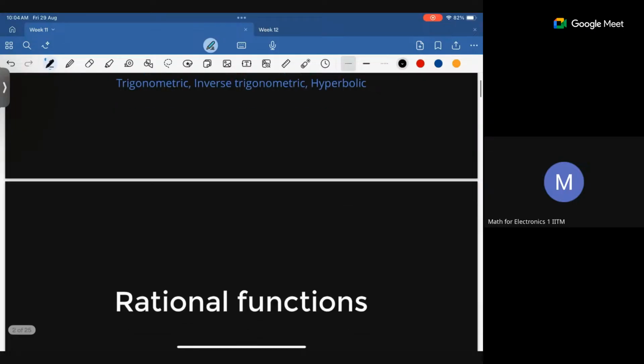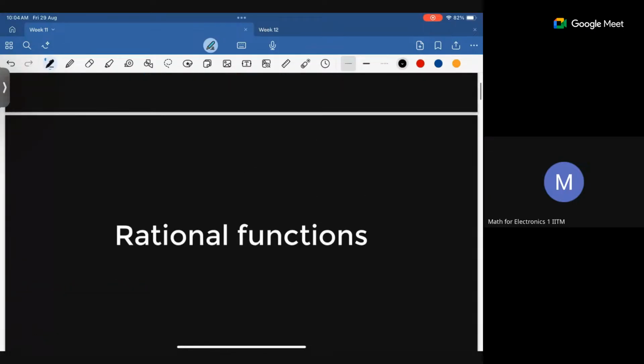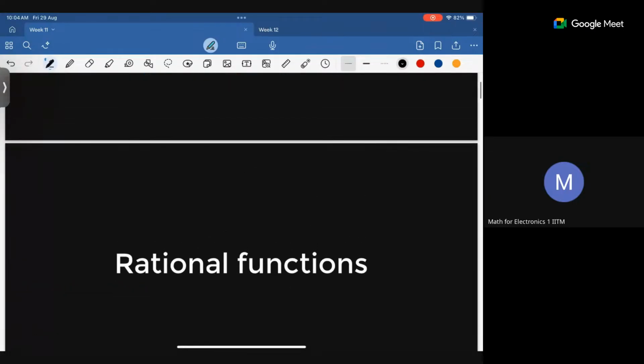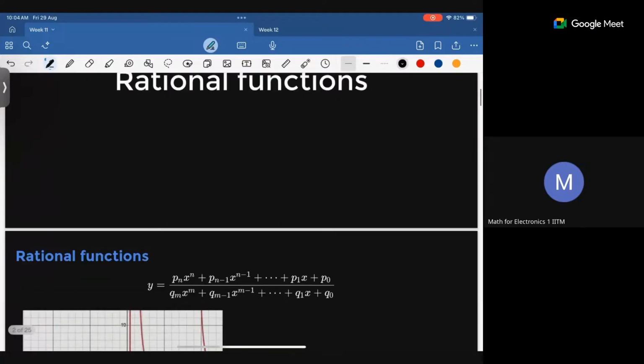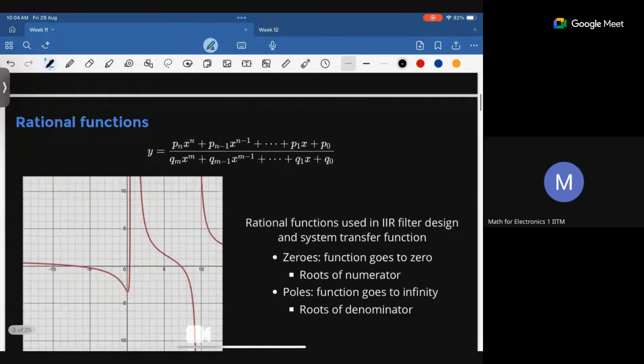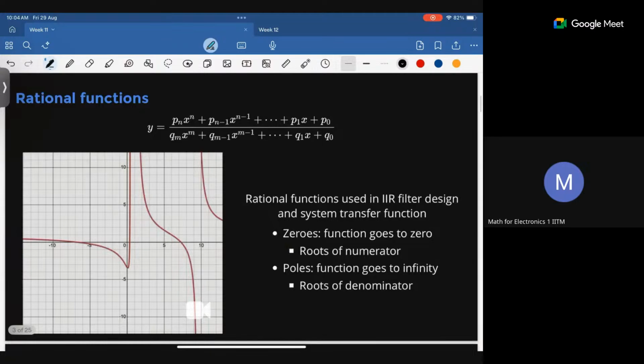Okay. So the very first concept that I'm going to discuss in week 11 is partial fractions, right? So if I have any rational function of this form, where the numerator is a polynomial and the denominator is a polynomial, the ratio of these two polynomials forms a rational function, and zeros of this function are just the roots of the numerator, and poles are roots of the denominator.